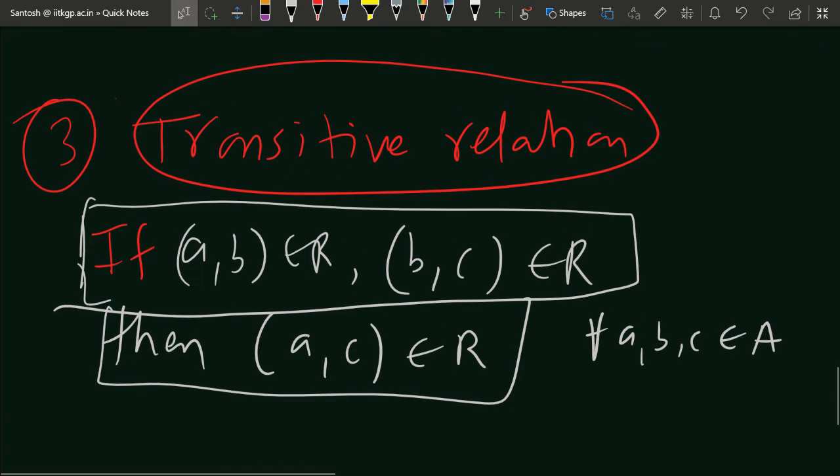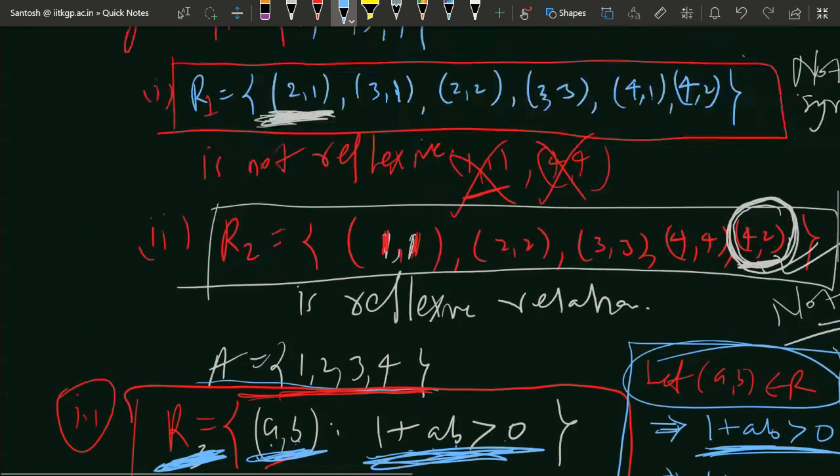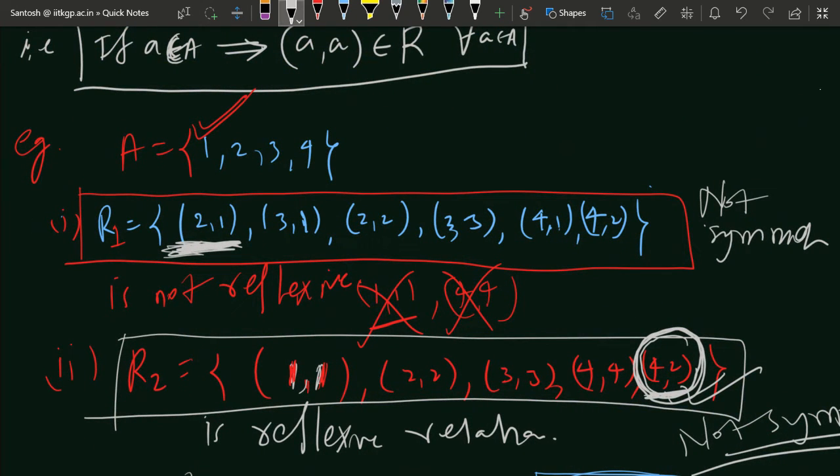Okay. So transitive relation: AB belongs to R, BC belongs to R, then AC belongs to R. This is the definition. Now let's come to the examples again. Check whether this, the first one, is transitive. Check for the first part. Is it a transitive relation?